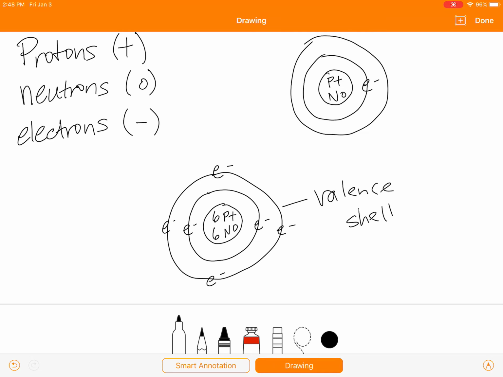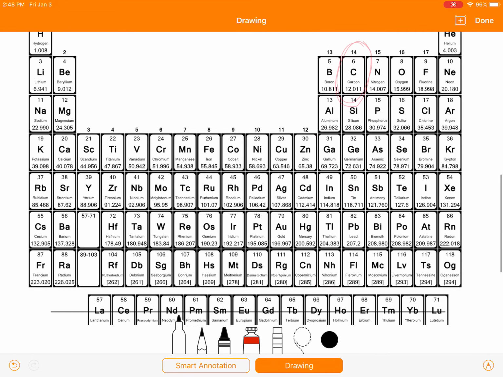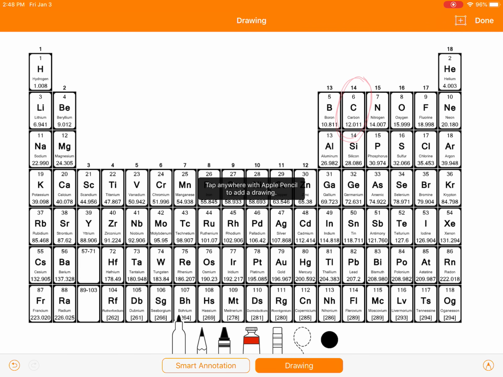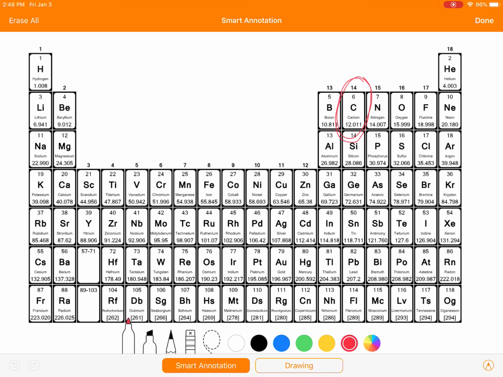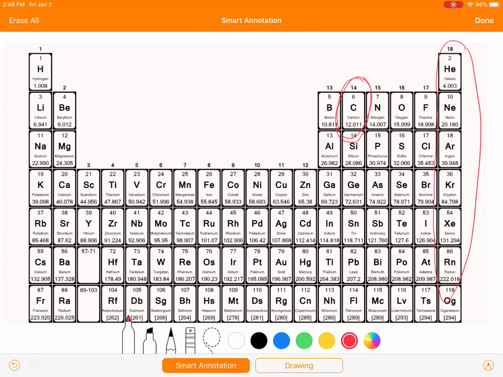Now, if you have an element where the outer shell is full, so any of these elements on the end, like helium, neon, argon, all of these guys down here, they're going to have full valence shells, which means they will have, well, helium only has 2 in its outer shell, but remember the first shell only holds 2 electrons.